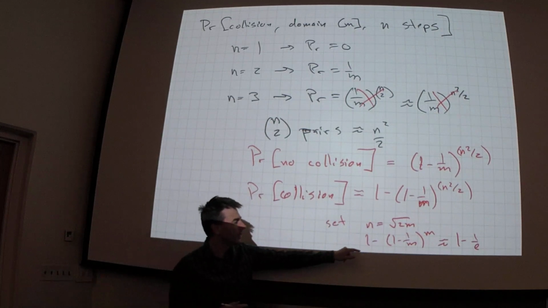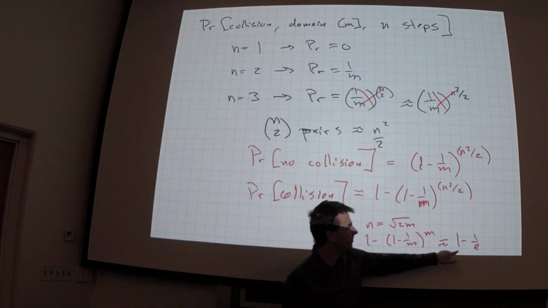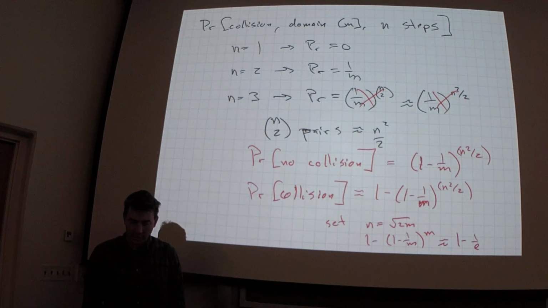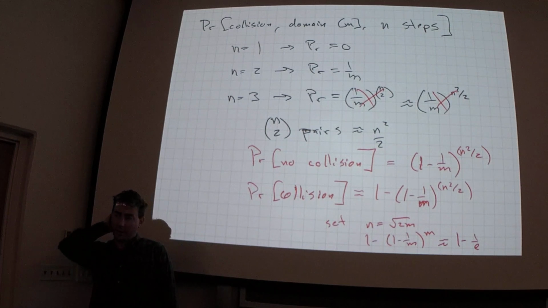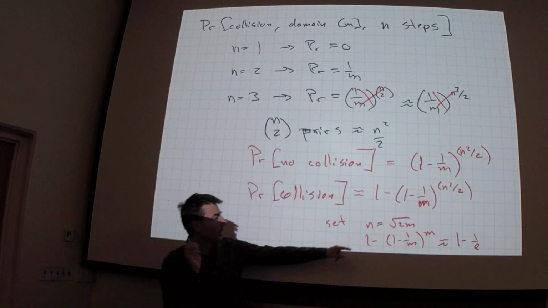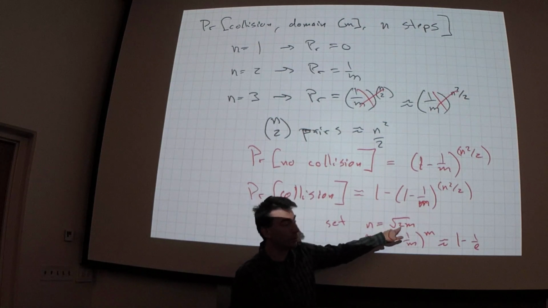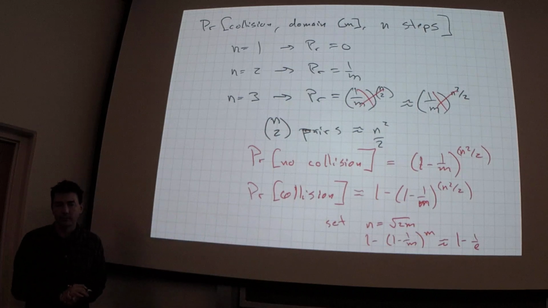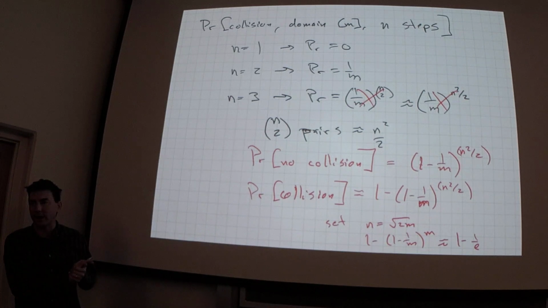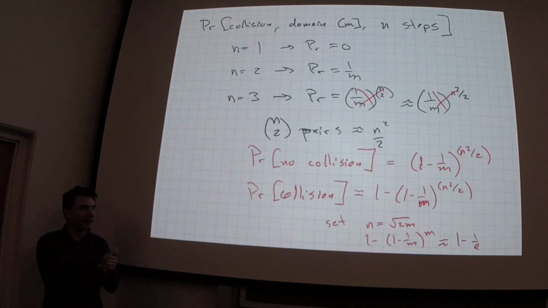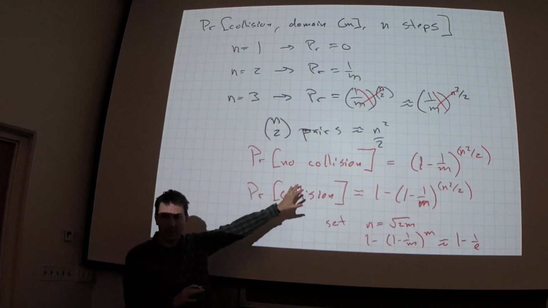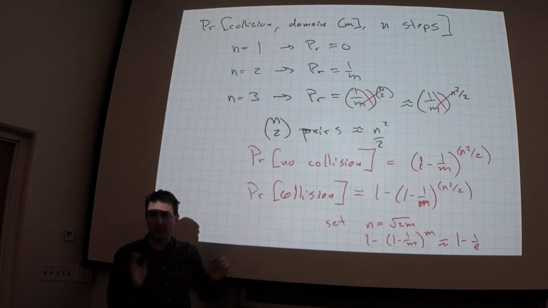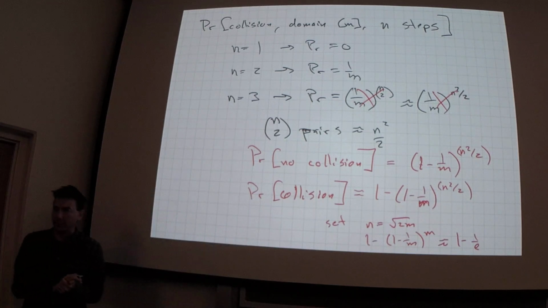And so this becomes about, I think it's like 0.3 or 0.6, something like that. Okay, so roughly constant probability happens at about n equals square root of 2m. So this analysis is not exactly right for a few reasons, but I'll argue it's a pretty good kind of back of the envelope calculation here.